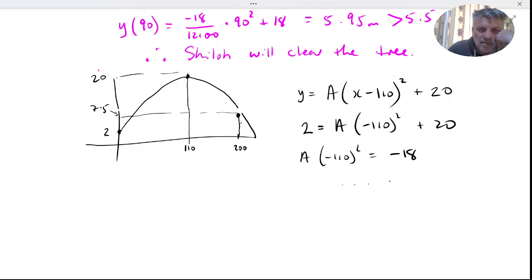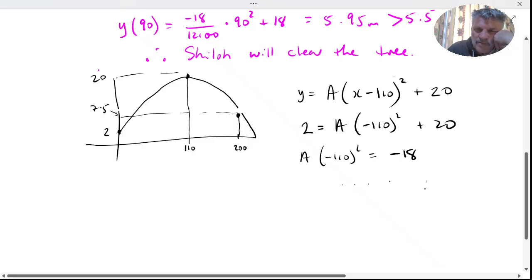This will fly over the tree, because we end up putting 200 in here. We take 200, take away 110, we get 90 in there. It's going to be the same calculation.